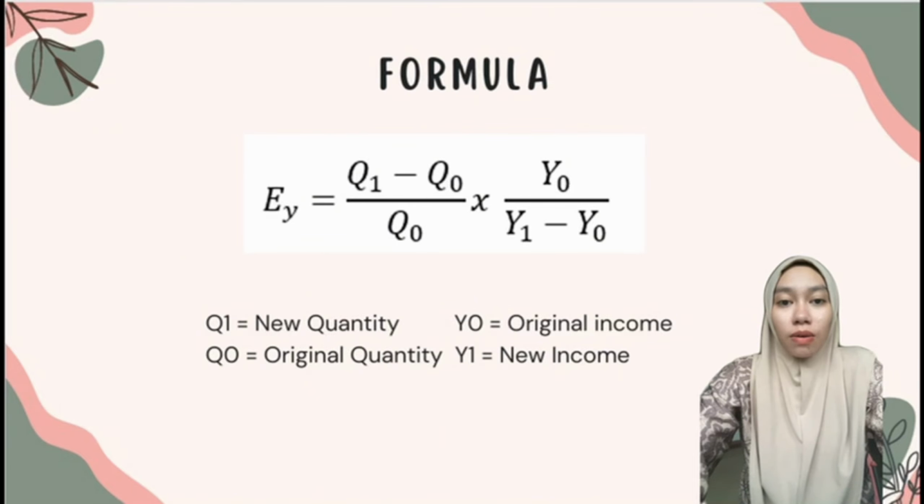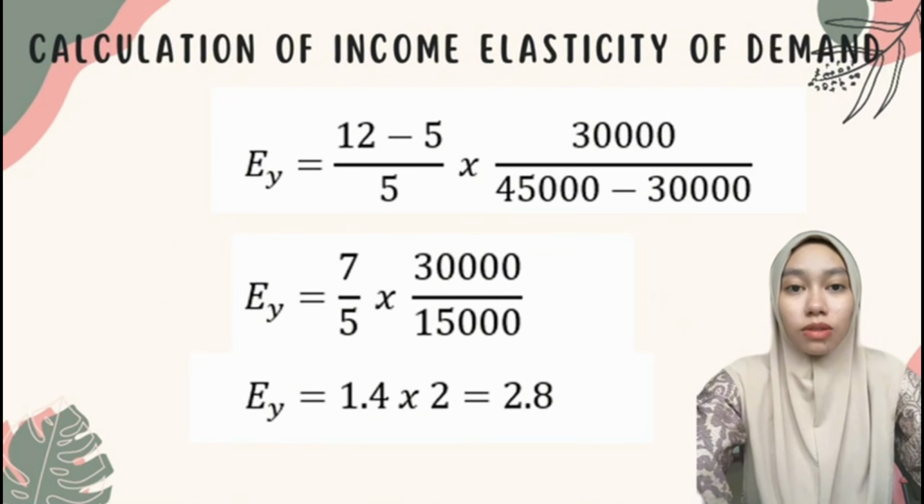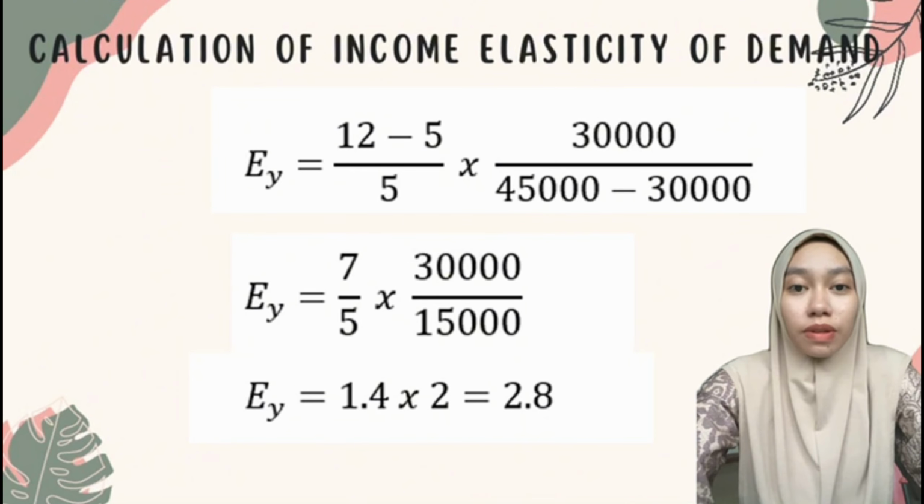To measure how responsive her demand is to the change in income, we use the formula for income elasticity of demand. 12 minus 5 over 5, multiplied by 30,000 over 45,000 minus 30,000, equals 7 over 5 multiplied by 30,000 over 15,000, equals 1.4 multiplied by 2, equals 2.8.